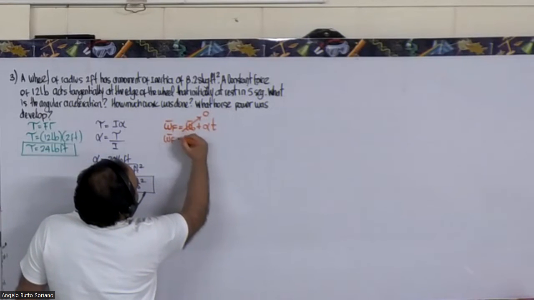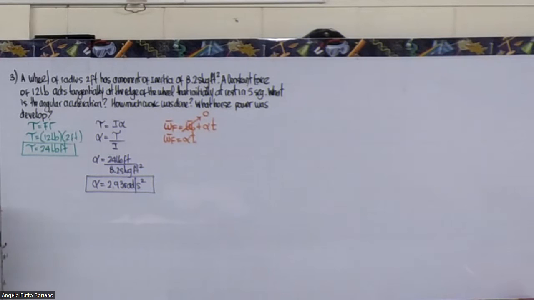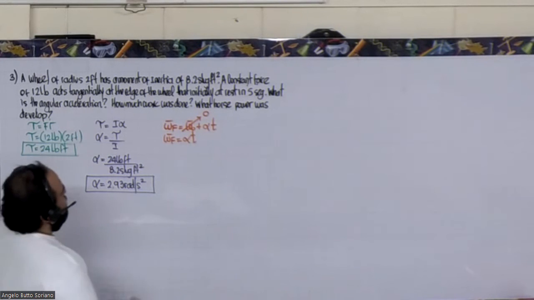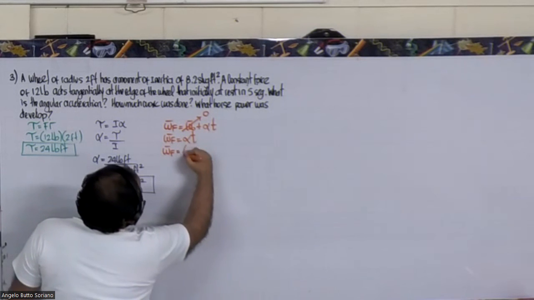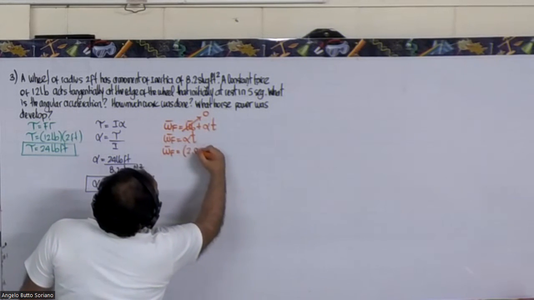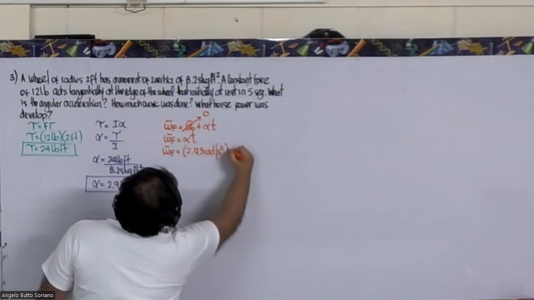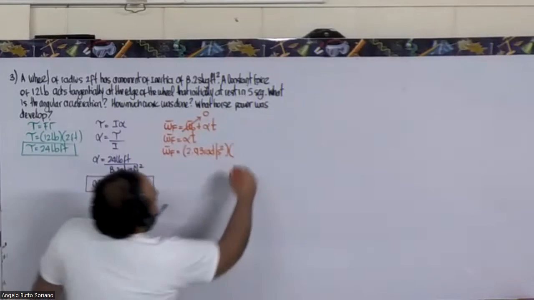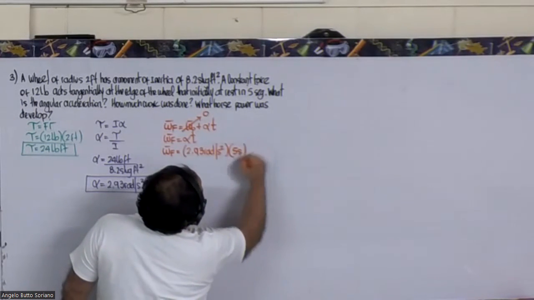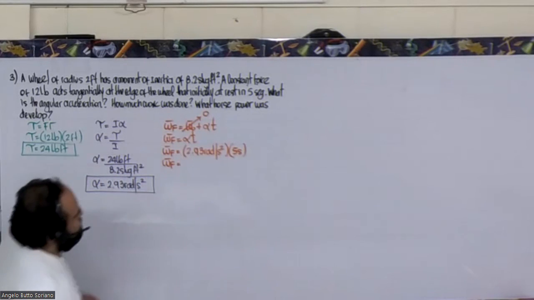So the final angular velocity will be alpha times the period of time. Alpha is 2.93 radians per second square, and the period of time, remember, is 5 seconds. And we can look for the final angular speed.